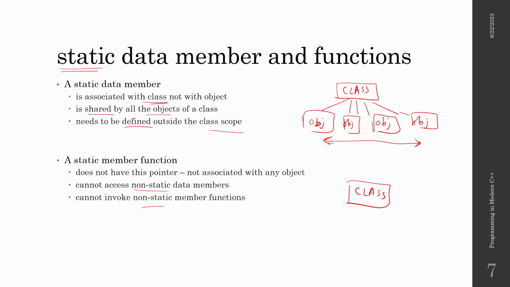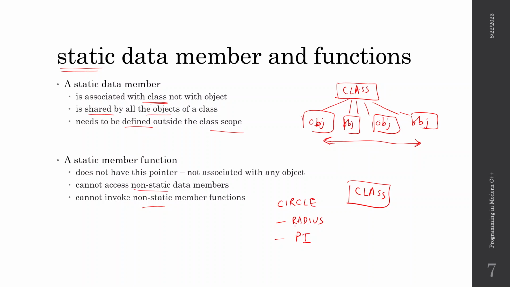Let us say that we are defining a class called circle. A circle can have one data member which is the radius of the circle. Then we can have another data member, let us say pi. Now pi does not depend on any instance of the circle class.